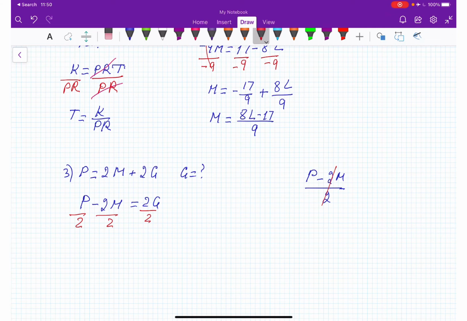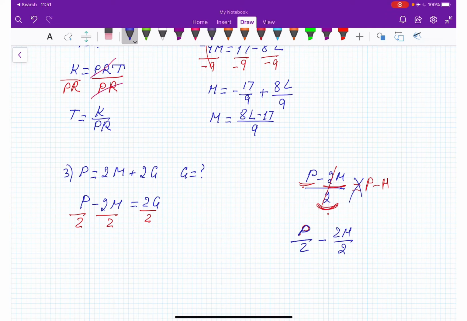Why is that? Because this 2 is a common denominator for p and for 2m. So if you cancel 2 and 2, you leave this p without a denominator, and the result is going to be p minus m, which is wrong. So if you want to cancel, you want to separate them because the denominator is common. I will get p over 2 minus 2m over 2.